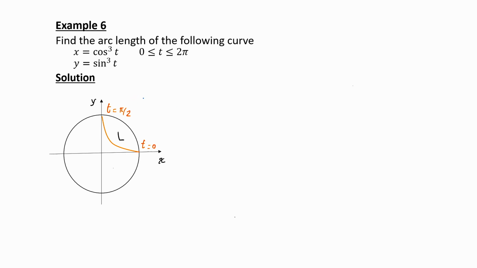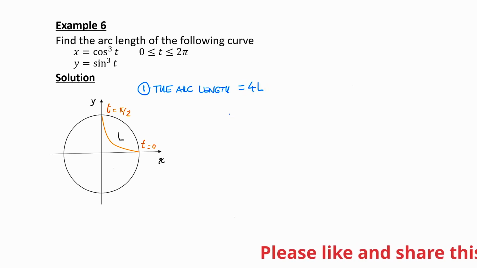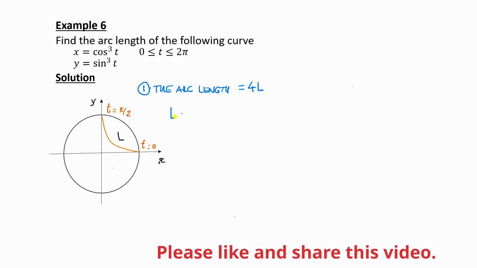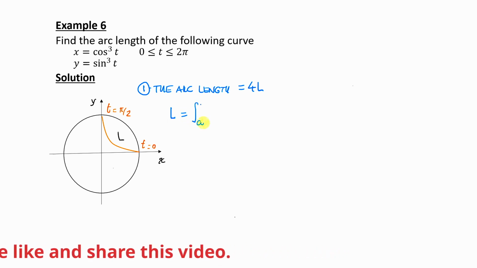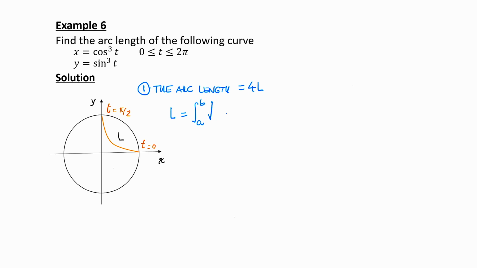So we start. The first step, we say the arc length will be equal to 4L. Now to calculate L, it will be equal to the integral from a to b, I am using the formula, of the square root of f prime of t squared plus g prime of t squared, which we can also write as dx/dt squared plus dy/dt squared.